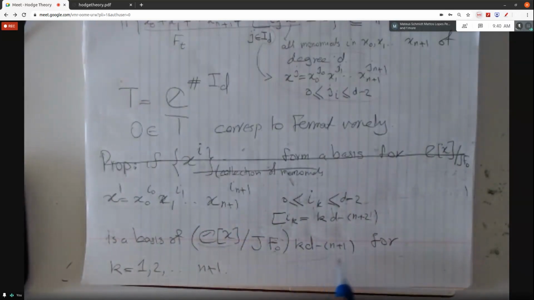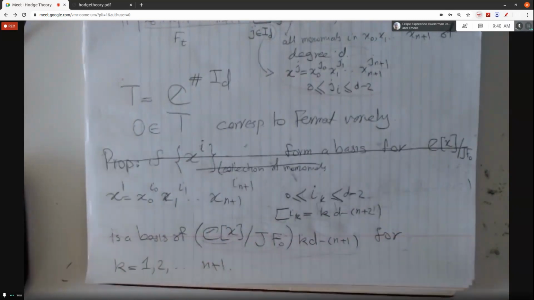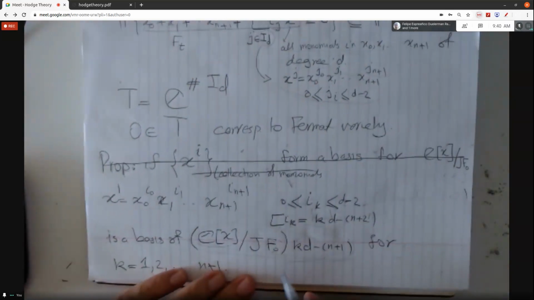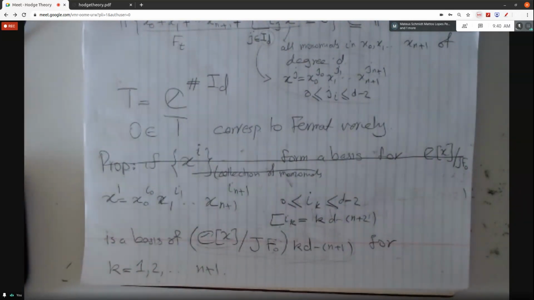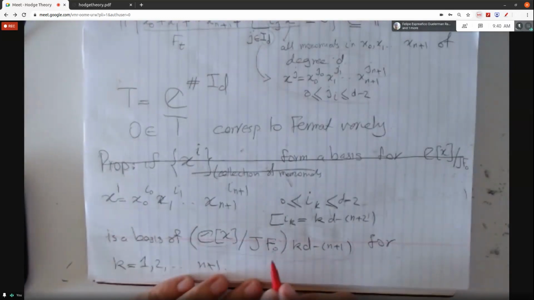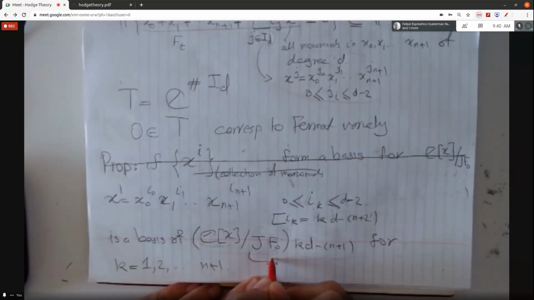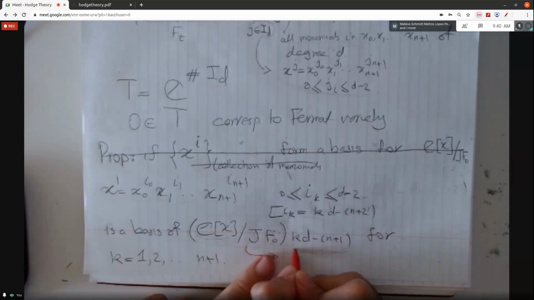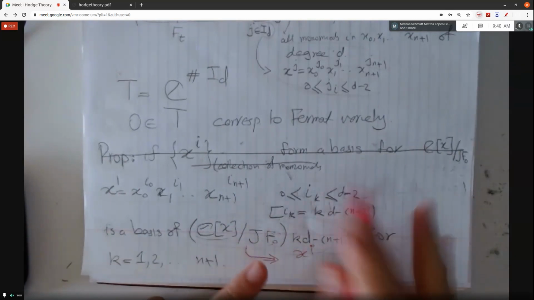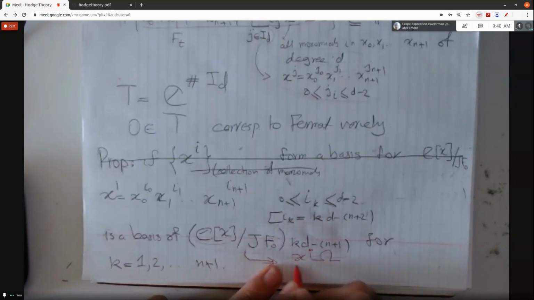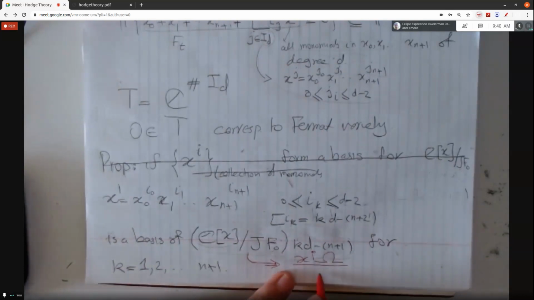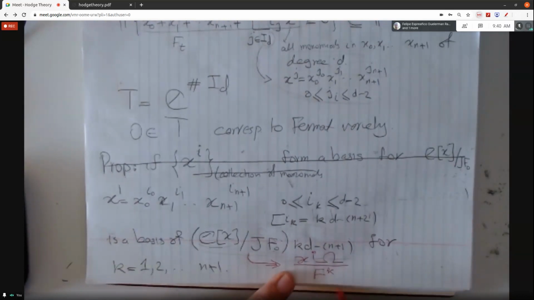And remember why we need a basis of these things. The point is that from this one we constructed the Griffiths basis. So xi, remember there was this omega, divided by f to the k.